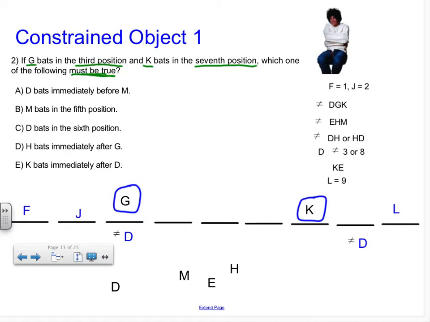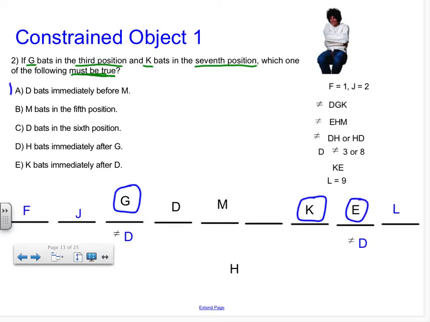And let's try each of the questions one by one. Let's start with A, which is right here. D bats immediately before M. Well, let's try it. As the question states, D, M. We know that K is constrained here, so E is also constrained in this position.